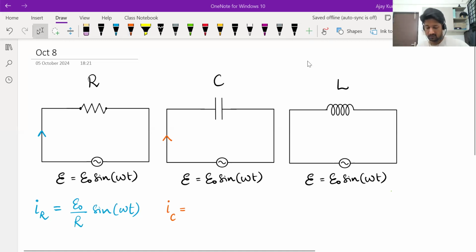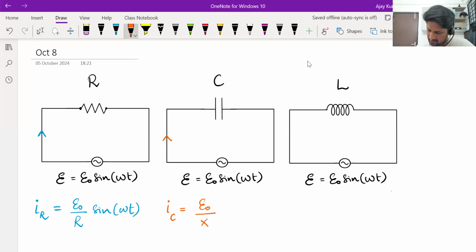Okay, fine. Through the capacitor, the current will be leading the EMF. The peak value of current I naught will be E naught by XC, where XC is 1 by C omega. And the phase will be the phase of EMF plus an extra pi by 2, because current will be leading the EMF in case of a capacitor.